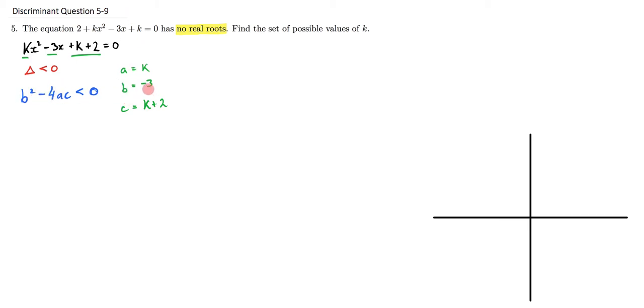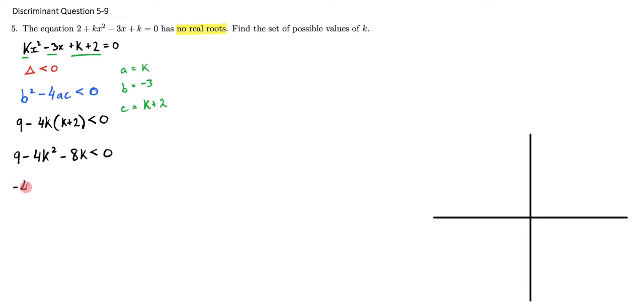So b squared will be -3 squared, which will be 9, minus 4 times k will be 4k, and then I'm timesing it by my c, which will be k plus 2, is less than 0. I'm going to expand out my bracket, so I'm going to get 9 minus 4k squared minus 8k is less than 0. Then I'm going to rearrange it in the form that I like it, with my squared value being first.